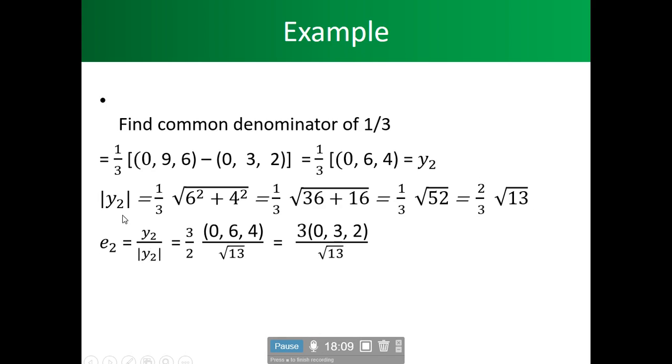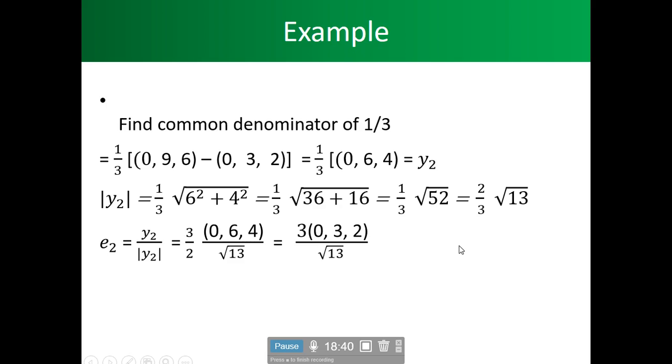Okay, so now we have our E2, which is our y2 over the absolute value of y2, which is 2/3. As we can see here, 3, 2 over the square root of 13, and notice the pattern here, this is only a multiple of what? Of our x2, okay, and that was 0, 3, 2.